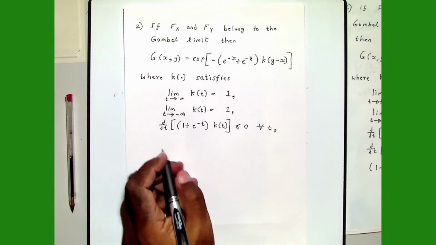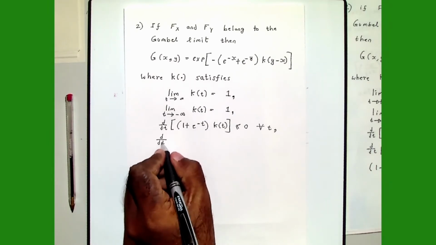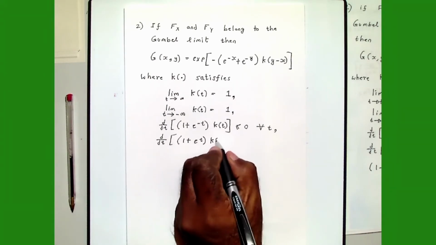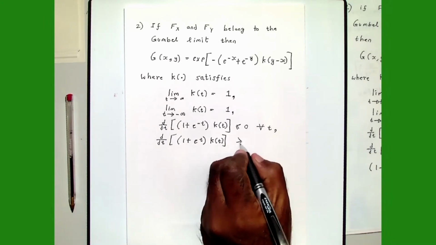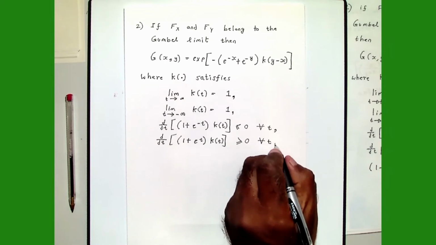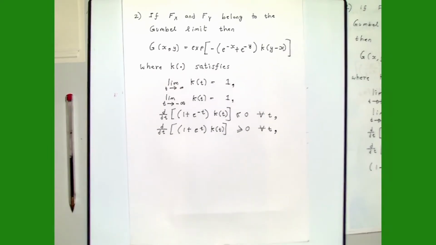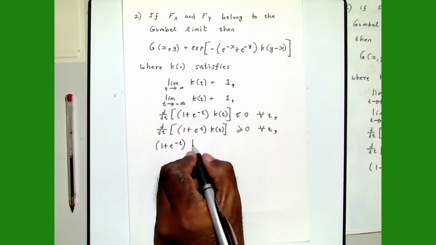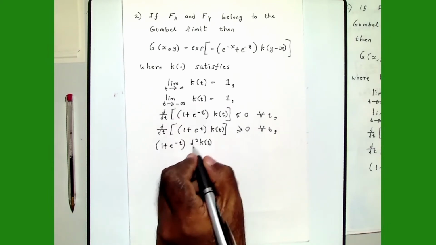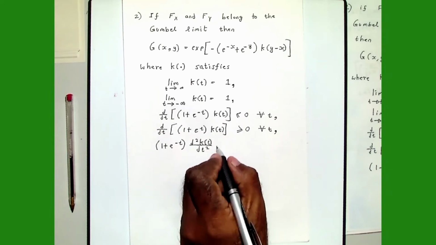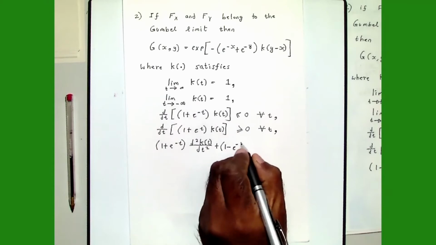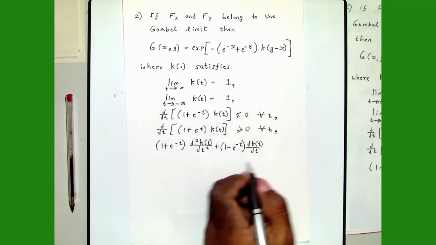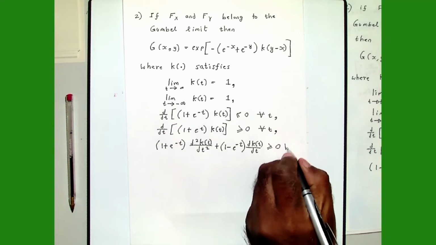Okay, and the derivative of this, for all t, and finally this must be non-negative for all t.